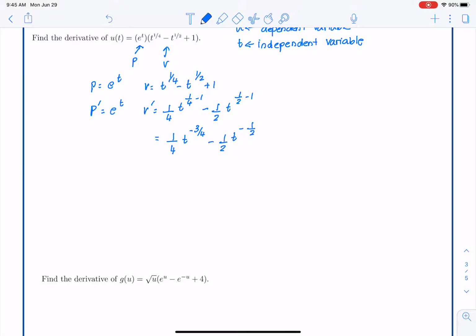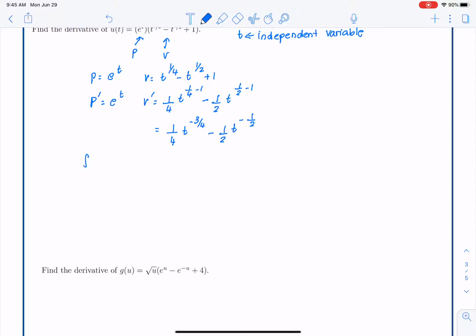So the rule in this case, u prime of t is p times v prime plus v times p prime.